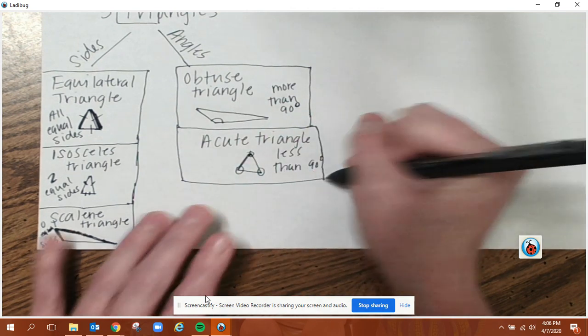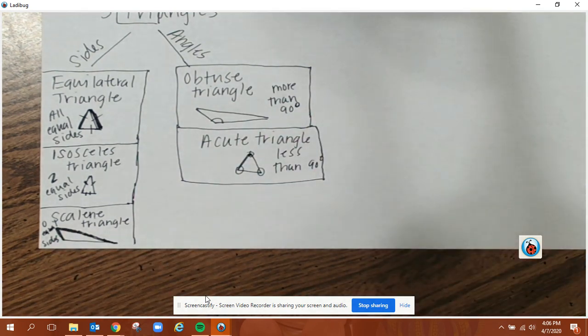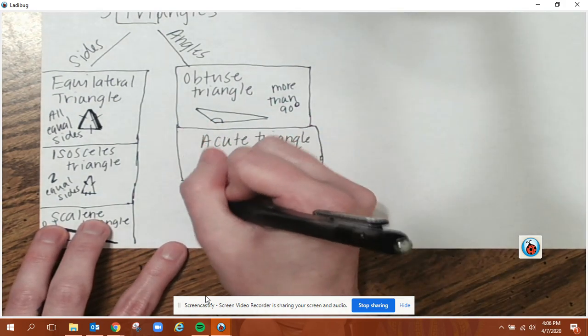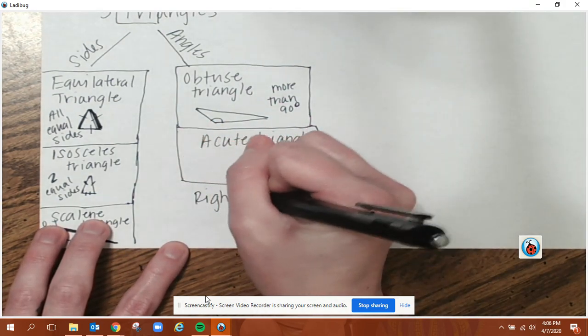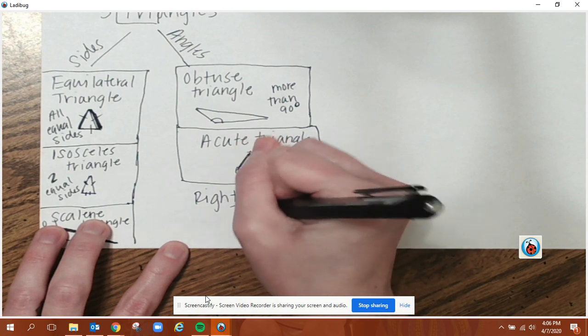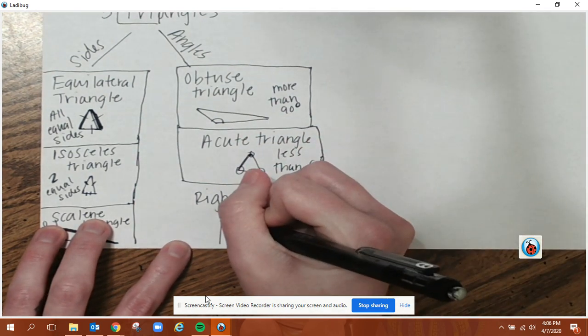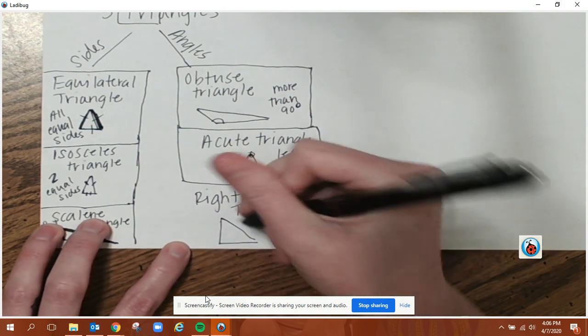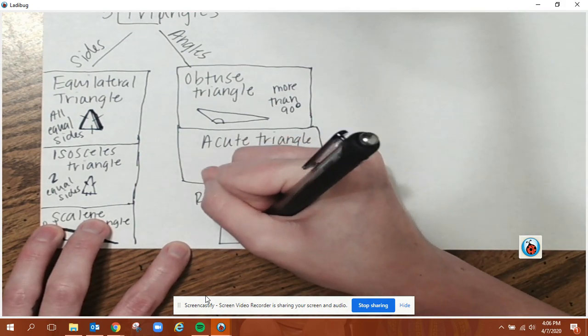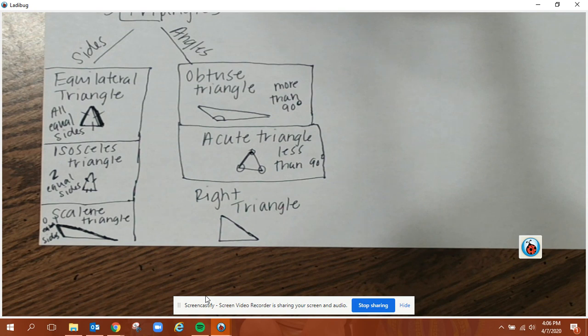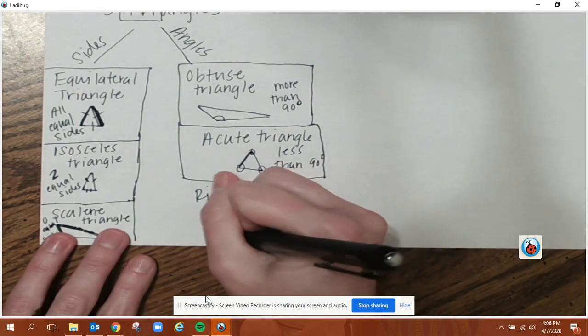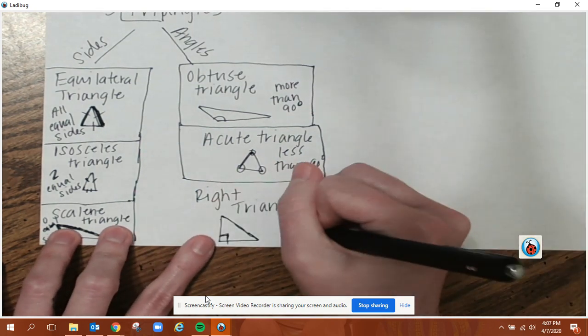So again, if you think back to your angles that you talked about in 4th grade, an acute triangle is made up of acute angles. Okay? And the last triangle we're going to talk about is a right triangle. Okay? Alright, so a right triangle has exactly 90 degrees.